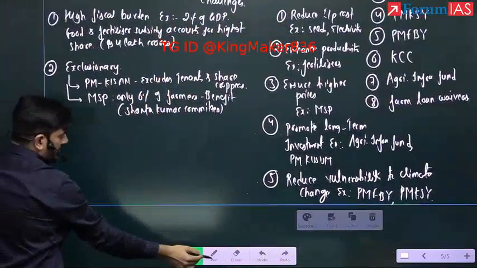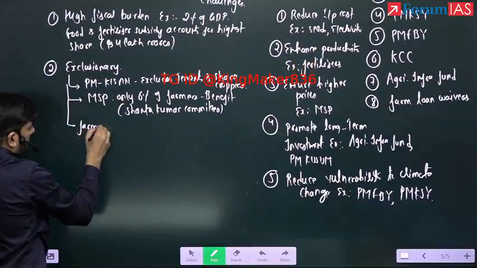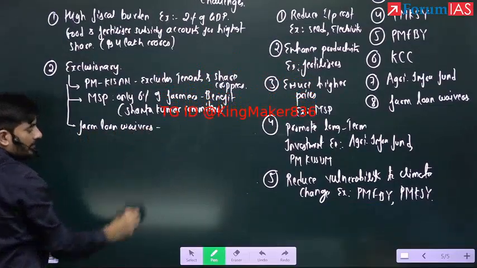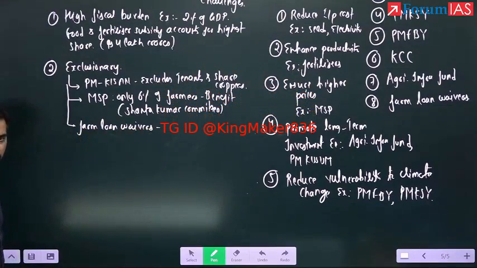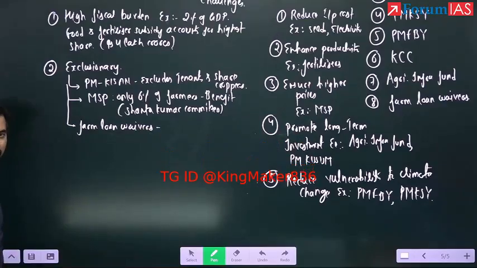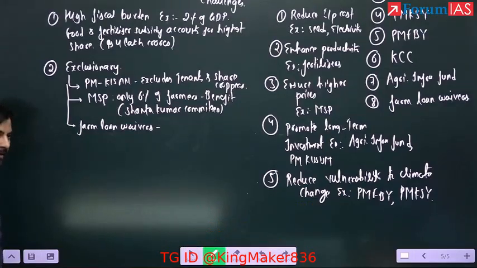Any other subsidy you think is exclusionary? फार्म लोन वेवर्स किसको एक्सक्लूड कर रहा है? When I say farm loan waiver, what happens is government says if you have taken loan from a bank and if you have not repaid the loan to the bank, government says do not worry, I will repay your loan.